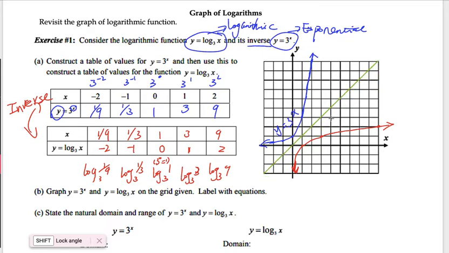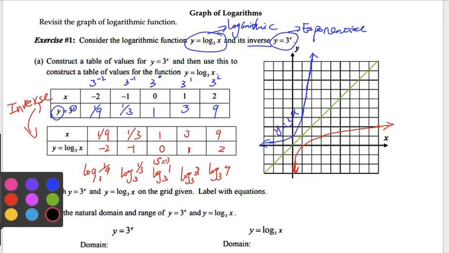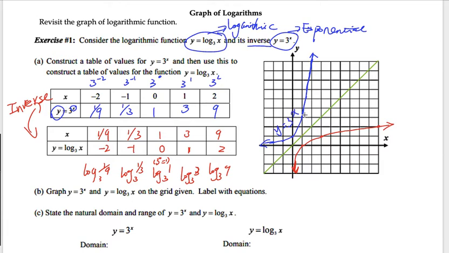If you really pay attention to the graph here, the blue one, which is y equals 3^x, is kind of flipped over through this green line to the red one. And this green line is actually y equals x. And this graph is, as we mentioned, log base 3 of x. So that's why the relation between inverse functions is always a reflection over y equals x. If you fold this picture through this line, you will see these two are a match.